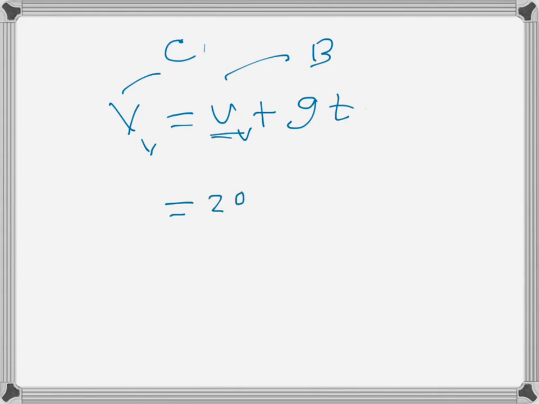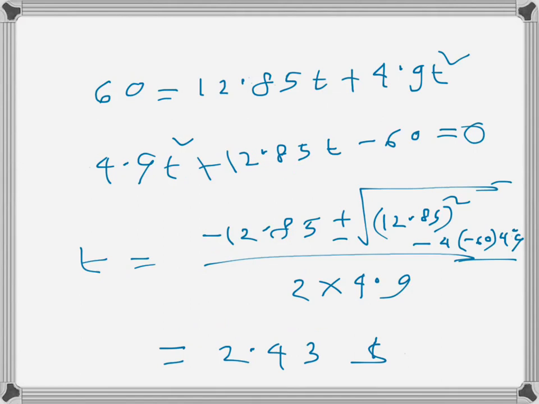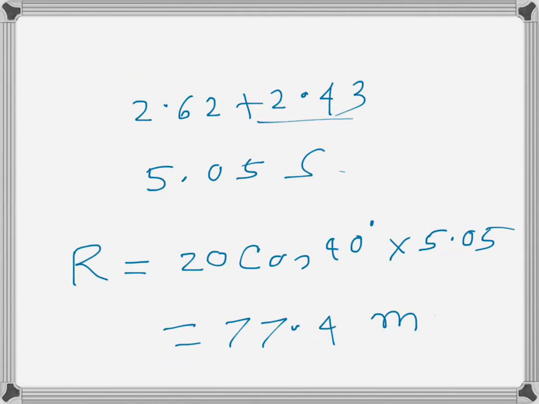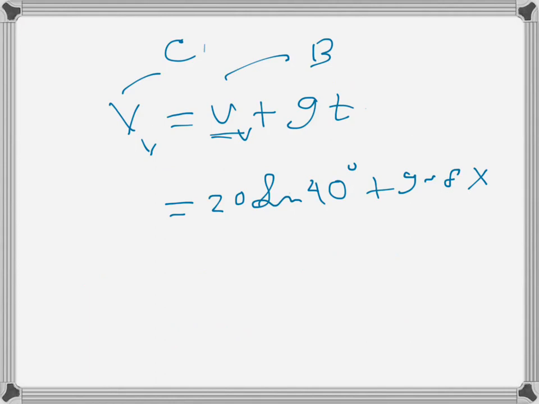So this is again 20 sin 40 degrees, because that's the downwards vertical velocity, plus 9.8 times the time from B to C, 2.43. So that is 37.64. This is the vertical component of the velocity at point C.